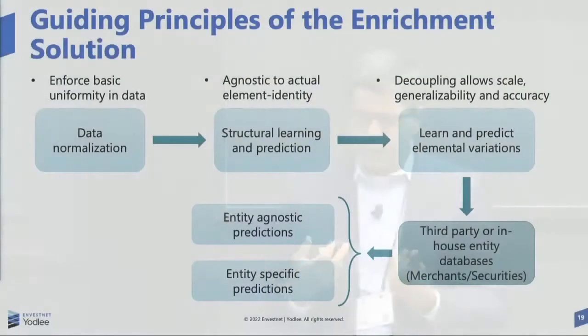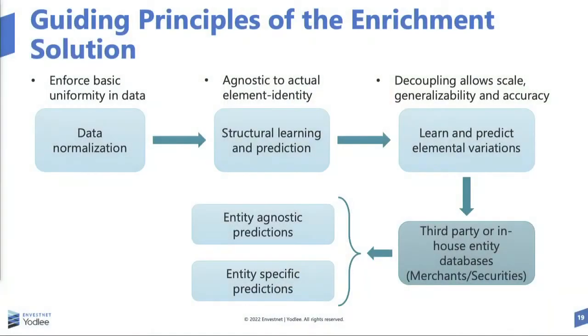So you are doing the data normalization. Then you are putting structure on top of that, which enables the structural learning to learn from that data and do your predictions, right?